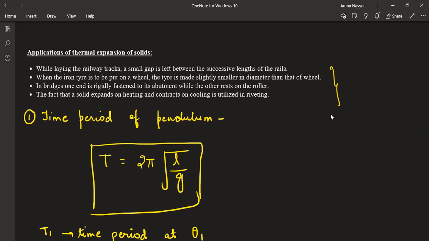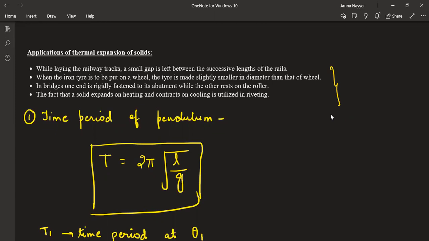In bridges, one end is rigidly fastened to its abutment while the other rests on rollers. Same thing, because one end is fastened and the other rests on the roller, it is free to expand.